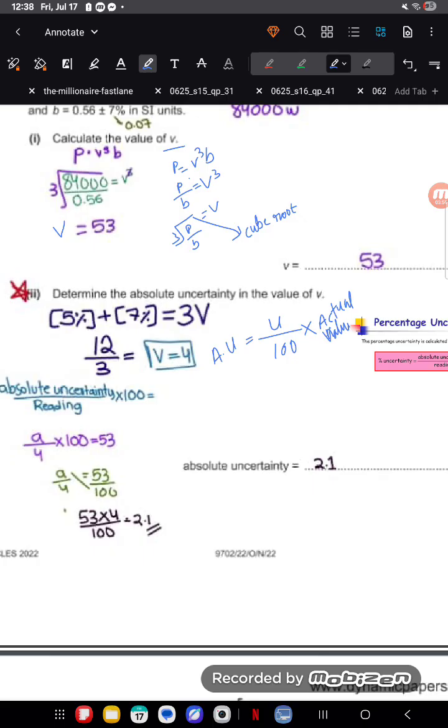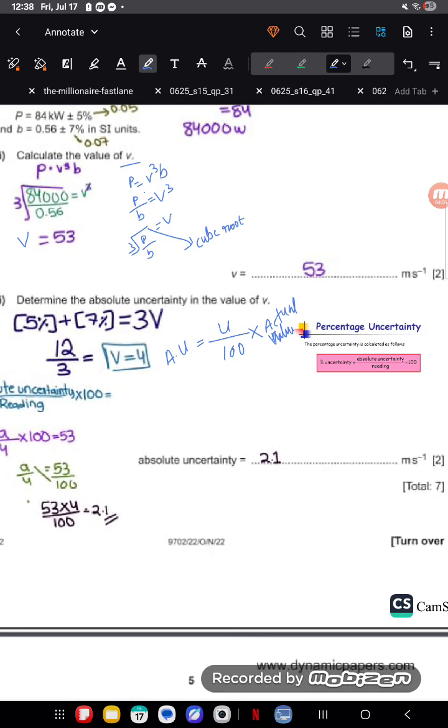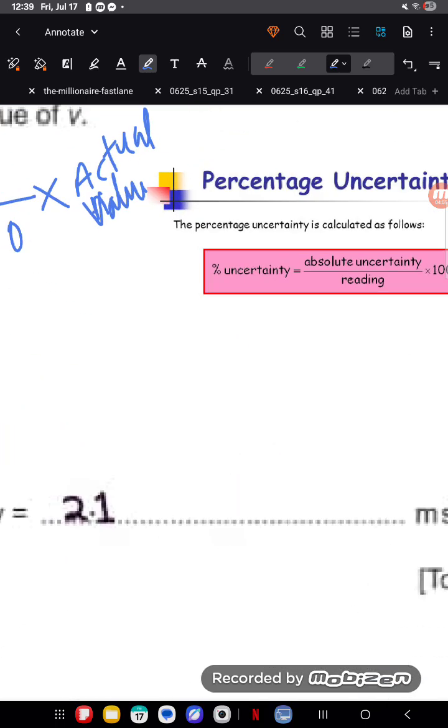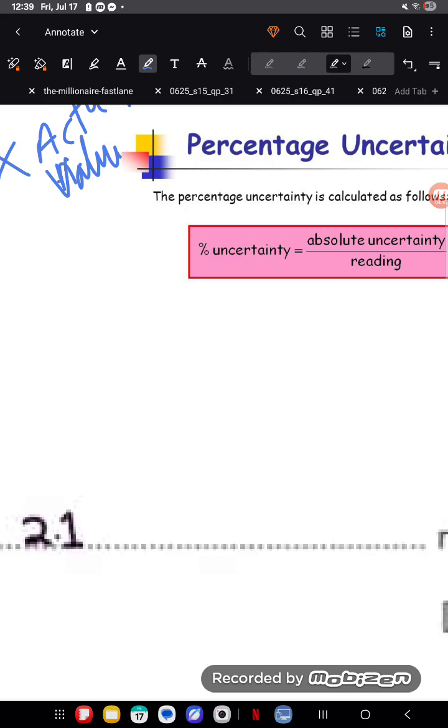If you arrange this, it's the same, right? If you take this to the other side, it will be the mean value, the actual value.